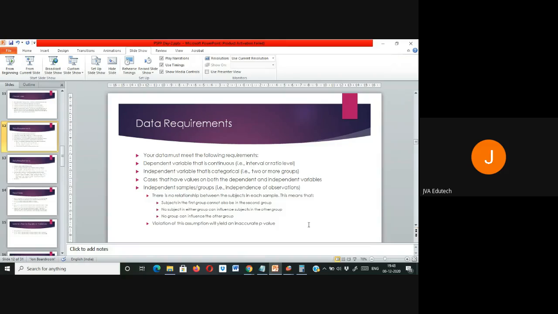Then the cases should have values on both the dependent and independent variables. Your samples or groups should be independent, meaning there should be independence in the observations. All the observations should be mutually exclusive of each other, because if this is violated there will be an inaccurate p-value.